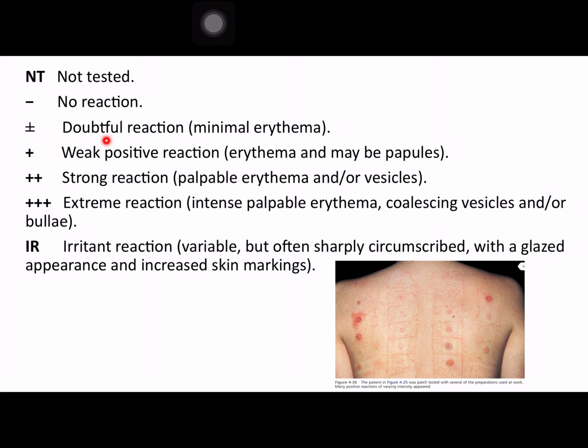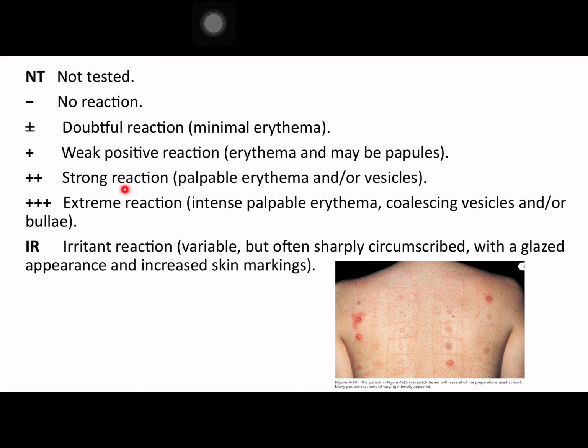Plus-minus is a doubtful reaction, where we see only minimal erythema. One plus is a weak positive reaction, with erythema and there may be a papule.